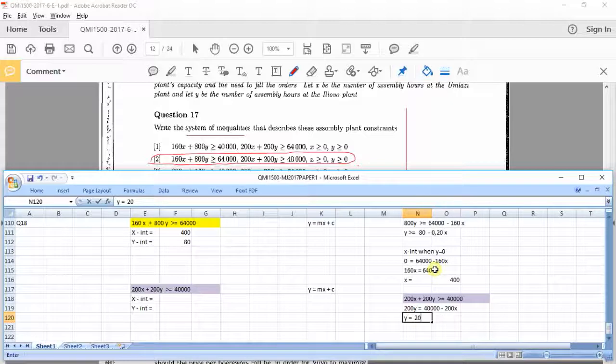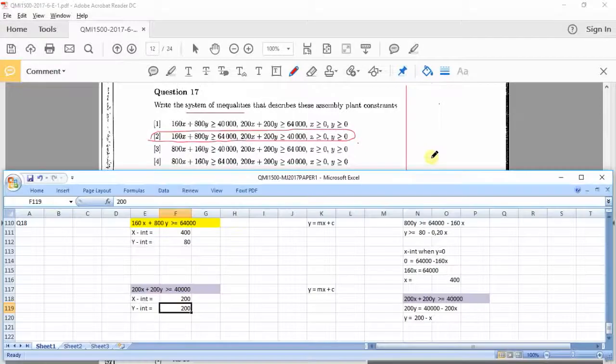Okay. And 40,000 divided by 200 is 200. So y equals 200 minus x. The y-intercept is 200. For the x-intercept, make y 0. If y is 0, x must be 200. Now we've got everything.